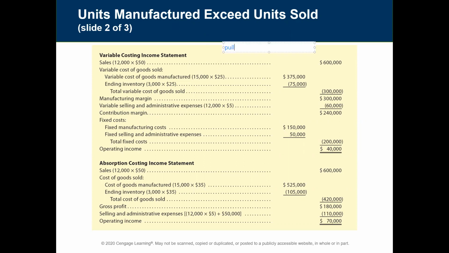Pull-through production. The idea of pull-through production is you produce it because there's demand for it. You produce it because you have a customer. Not because you have capacity, not because you can, not because you have some equipment that's sitting idle, but because you at least believe someone wants to buy it. And in a perfect world, you'd get an order from a customer and then you'd produce for that customer.